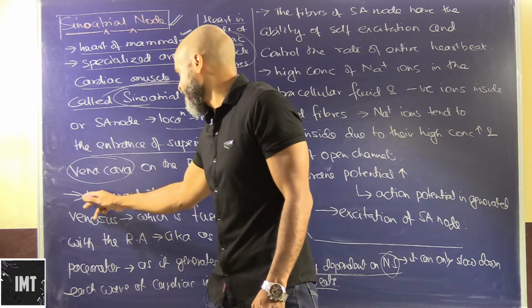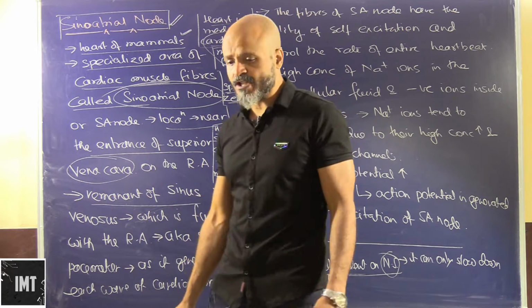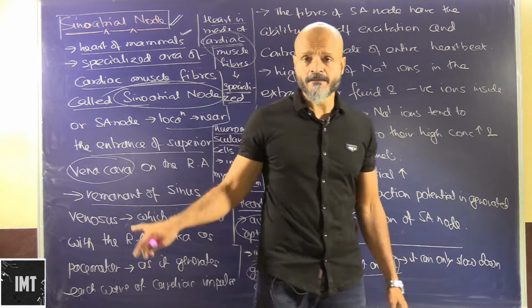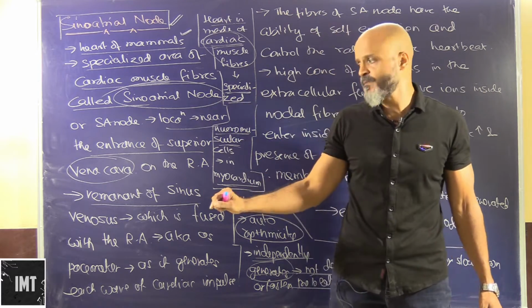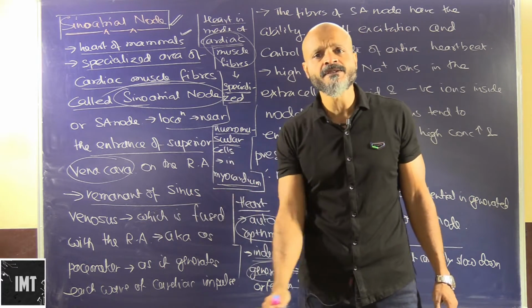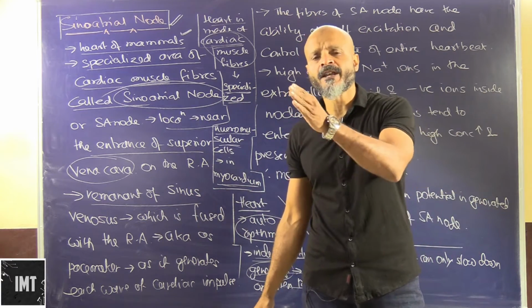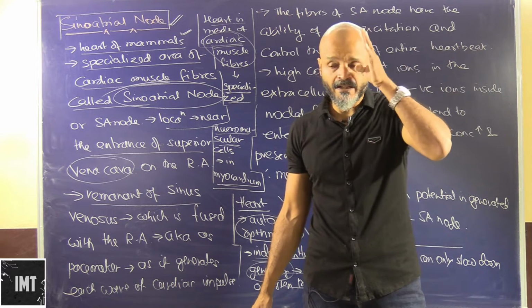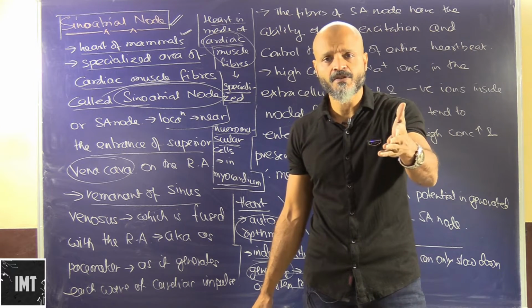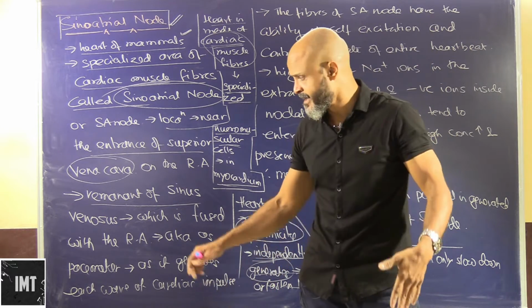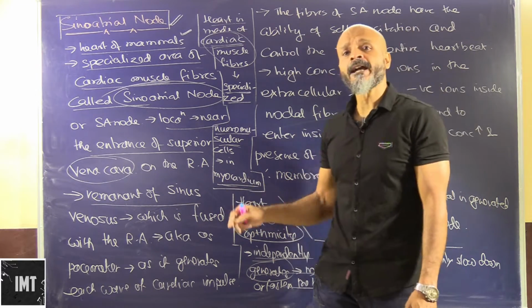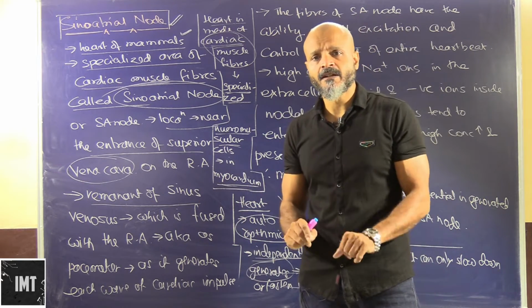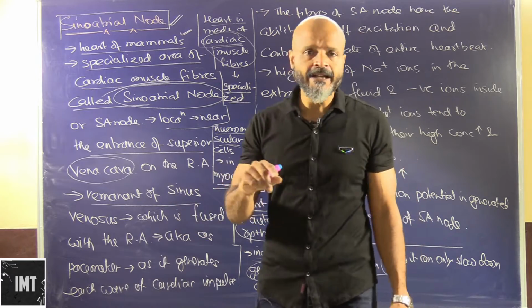So it is located on the top of the right atrium. As we have seen, in fishes we had the sinus venosus, which underwent modification and was hardly present in reptiles, and finally in mammals it disappeared. It fused with the right atrium.